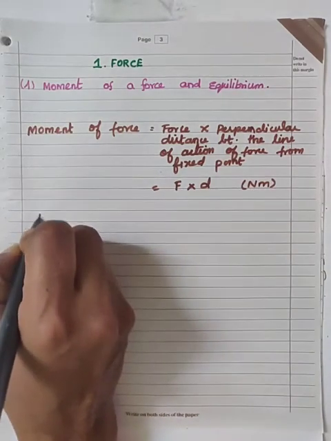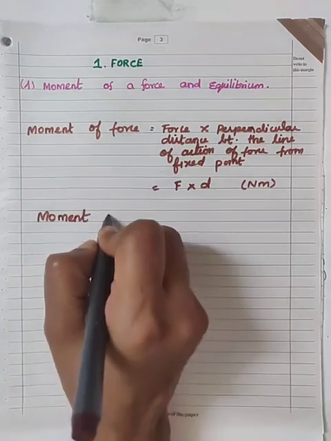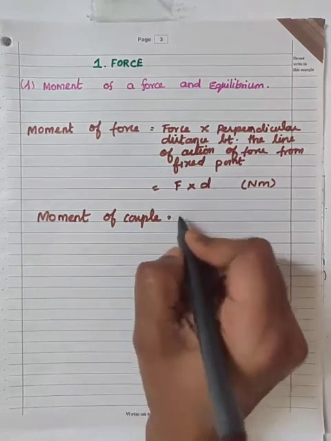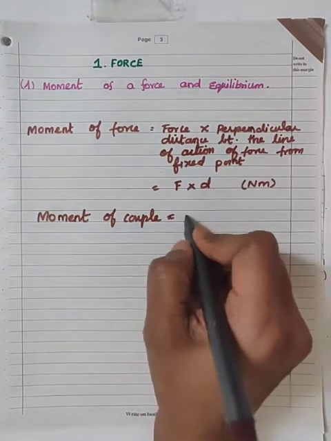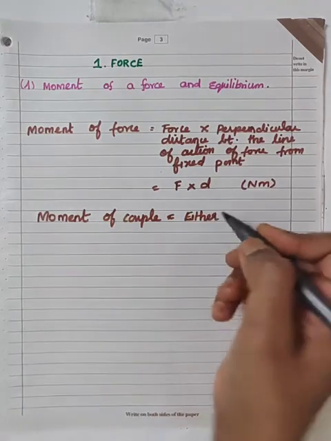The next concept we have studied in this chapter is moment of couple. Moment of couple is again force into distance. But in the moment of couple, two equal forces are acting on the body.